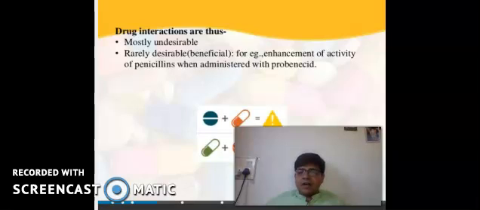Here you can see a tablet and capsule and this orange food; how they affect each other, we have to study with drug interaction.